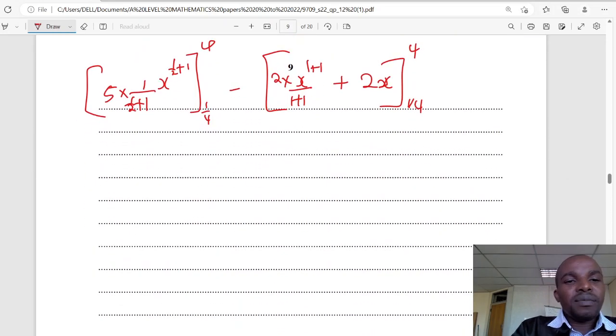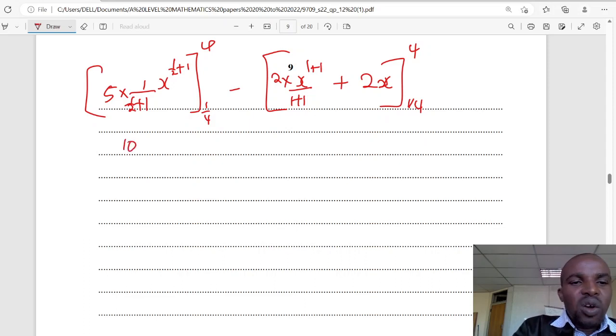Then you simplify this part. Half plus 1 is 3 over 2. 5 divided by 3 over 2, let me clear my calculator here. 5 divided by 3 over 2 gives you 10 over 3.